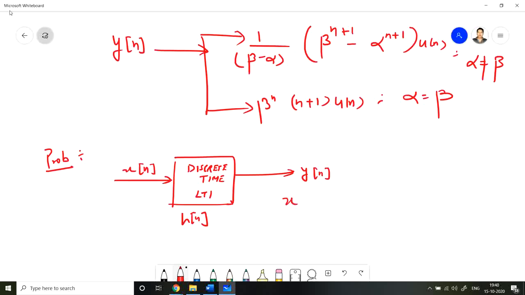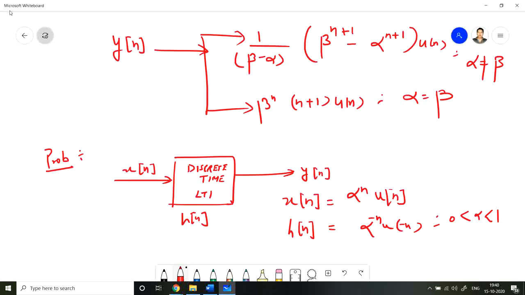So x[n], that is the input of the discrete time LTI system, is given as alpha raised to the power n into u[n], and h[n] is given as alpha raised to the power minus n u[minus n], where 0 is less than alpha less than 1. So the input is given and the impulse response is given.